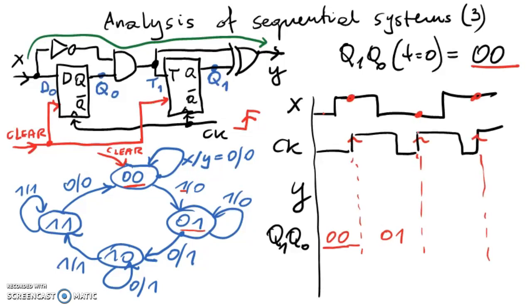During the next rising edge, you are here, and the input is 0, so you go along this arrow. So the following state is 1, 0. Now you are in 1, 0, and x is 1. When the next triggering edge occurs, 1 is beside this arrow, so you go to 1, 1.